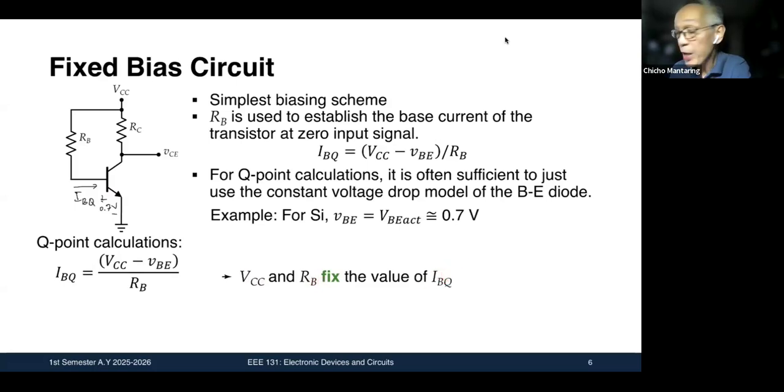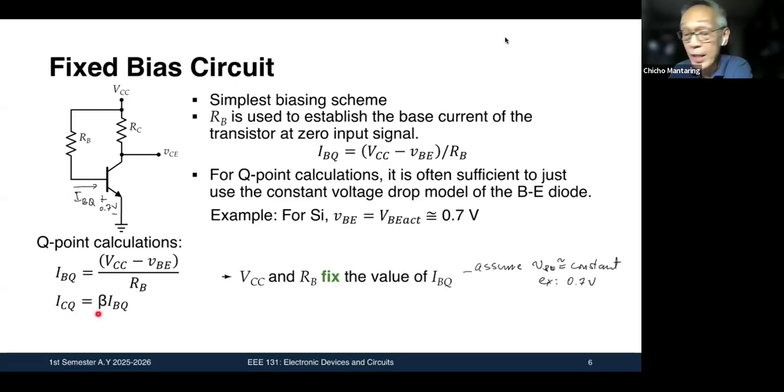So we assume that VBE is approximately equal to a constant. So for example, 0.7 volts for silicon. So if this is constant, IBQ is established only by VCC and by RB and nothing else.